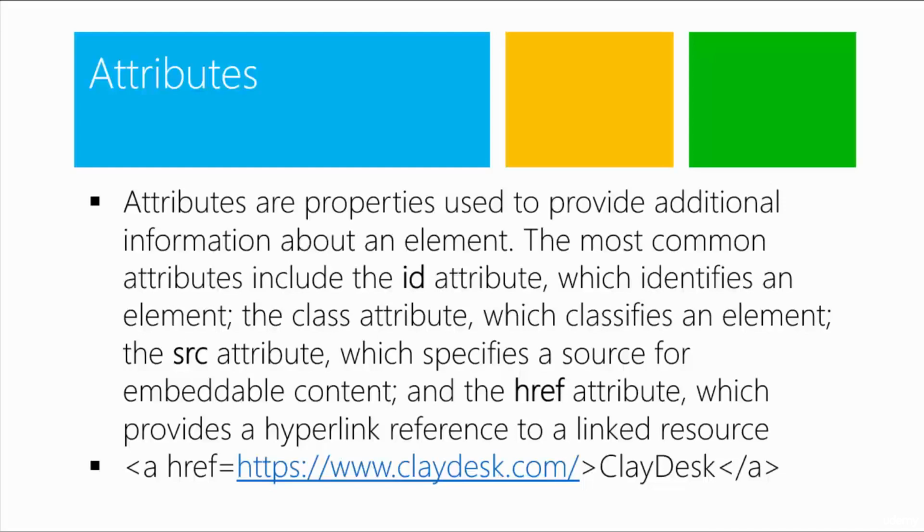And similarly, the href attribute, which provides a hyperlink reference to a linked source. So here, for instance, is an example such as an anchor tag that starts off with the href and then provides a link to a certain website, and then of course our closing brackets with the /a tag.